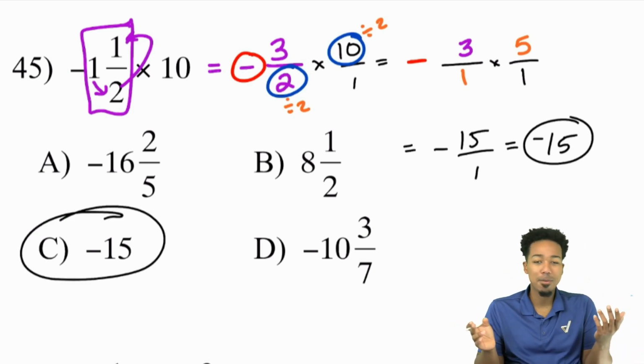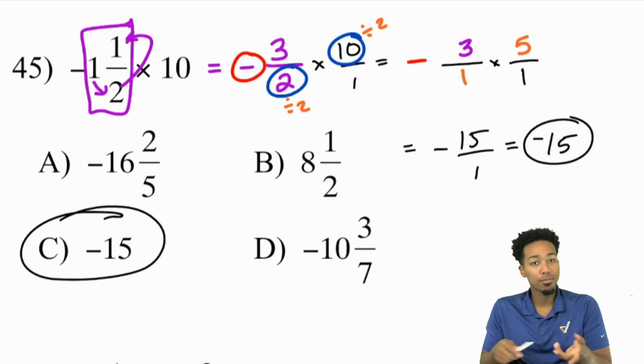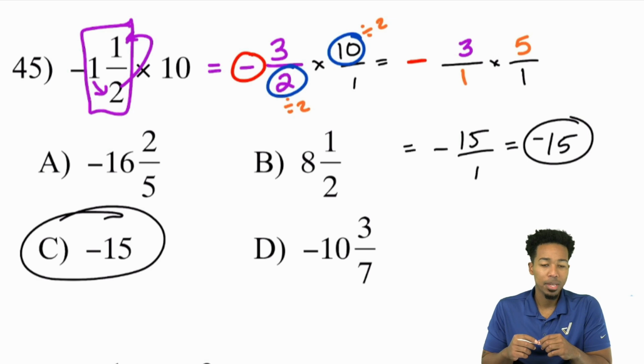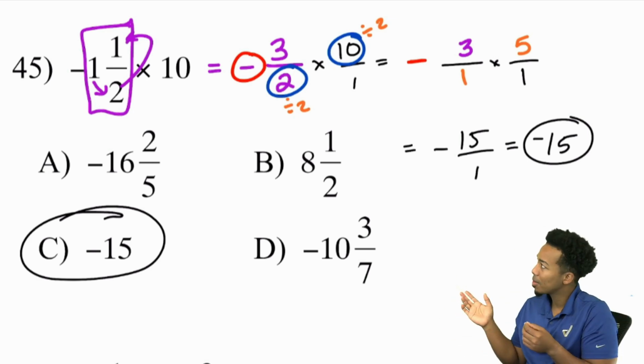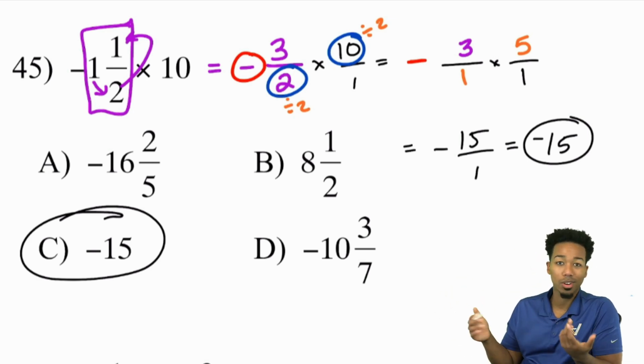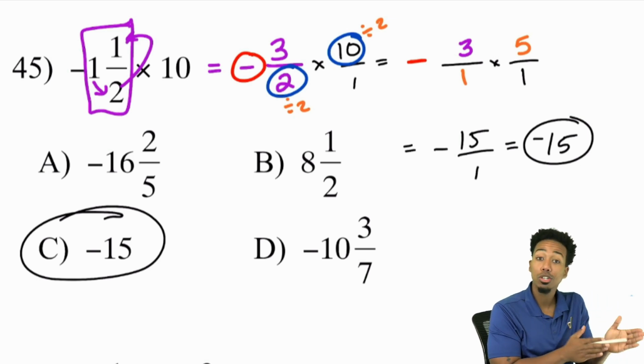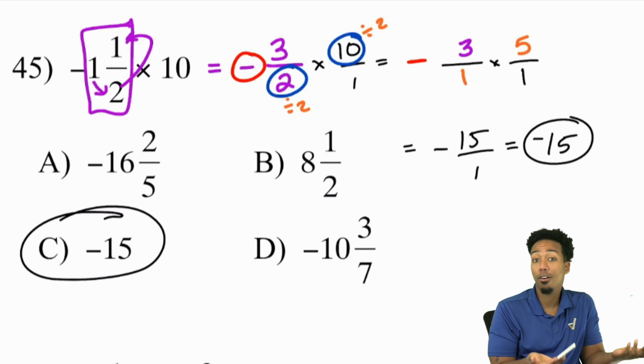And so my party people, at the end of the day, multiplying fractions is absolutely necessary to know, just like everything that we've been doing up to this point. But remember, the more complicated it looks, it's really not more complicated. Again, it's just a series of small steps included in the process of solving. That's it.